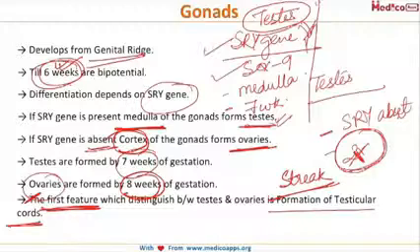Likewise, if this Y chromosome is absent, so the SRY gene will be absent, and both the X chromosomes are present, and RSPO1 and WNT4 genes are present, then at 8 weeks of gestation, the cortex of these gonads develops into ovaries.